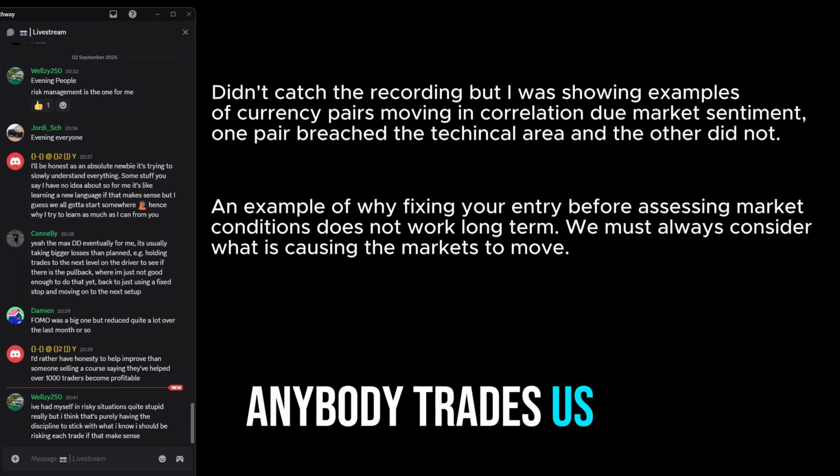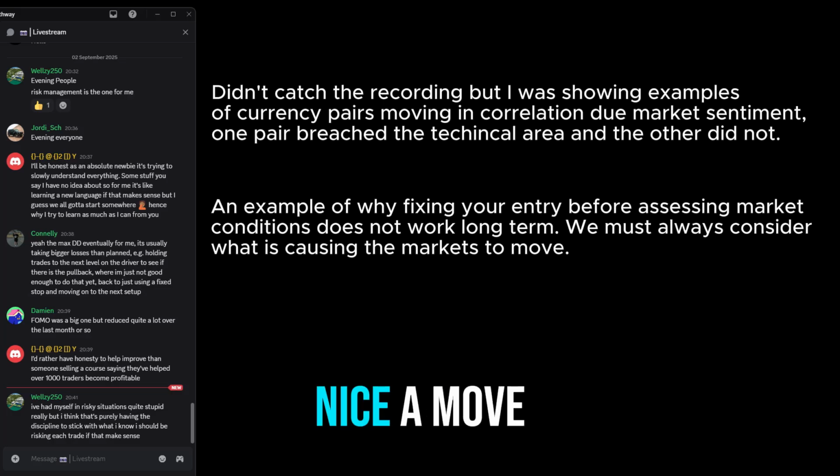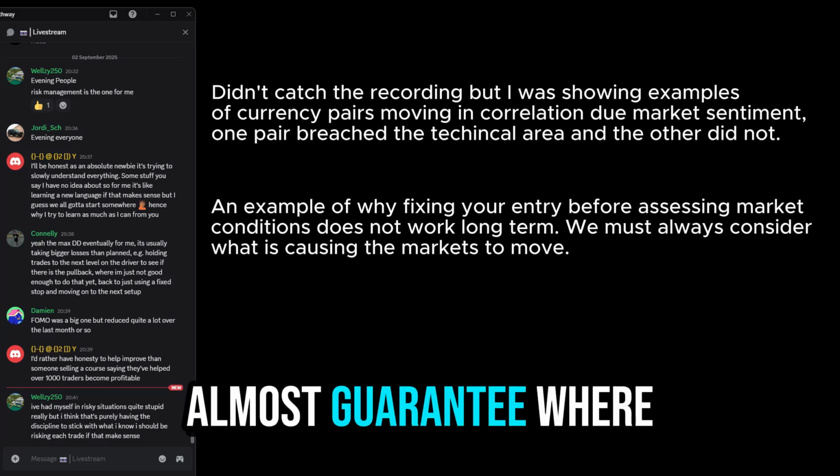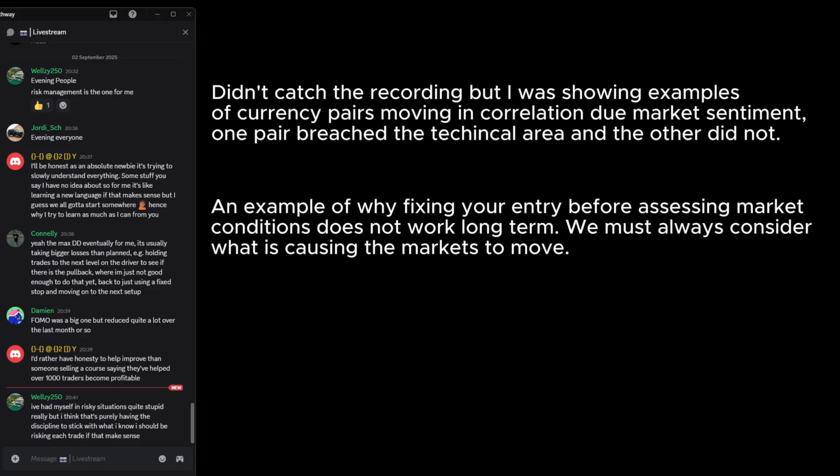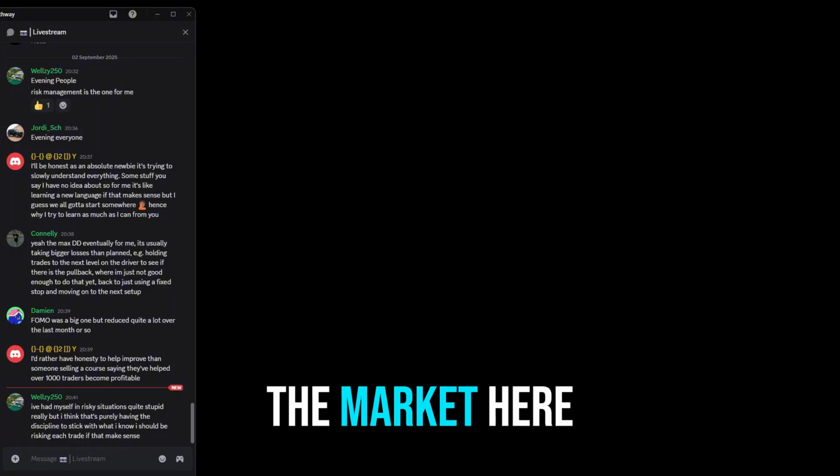And if anybody trades US 500 as well, it was a nice move today. You can almost guarantee where people are going to put stop losses in the market. Here is a great place for a stop loss.